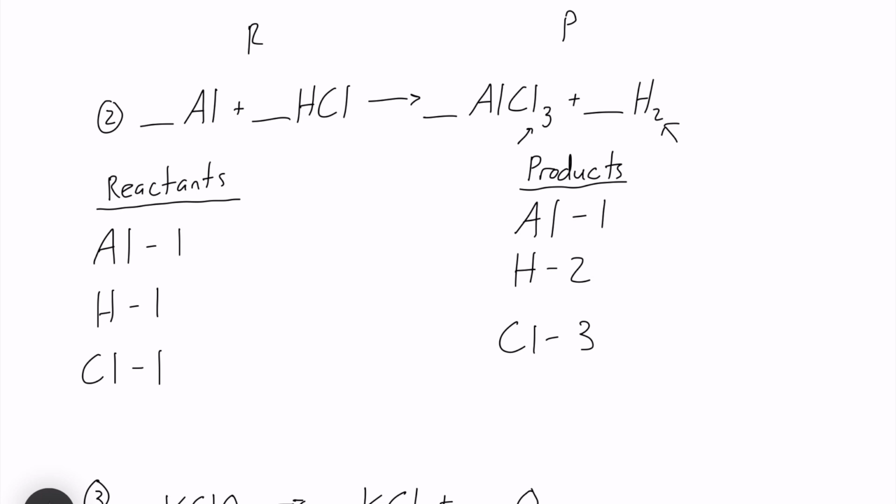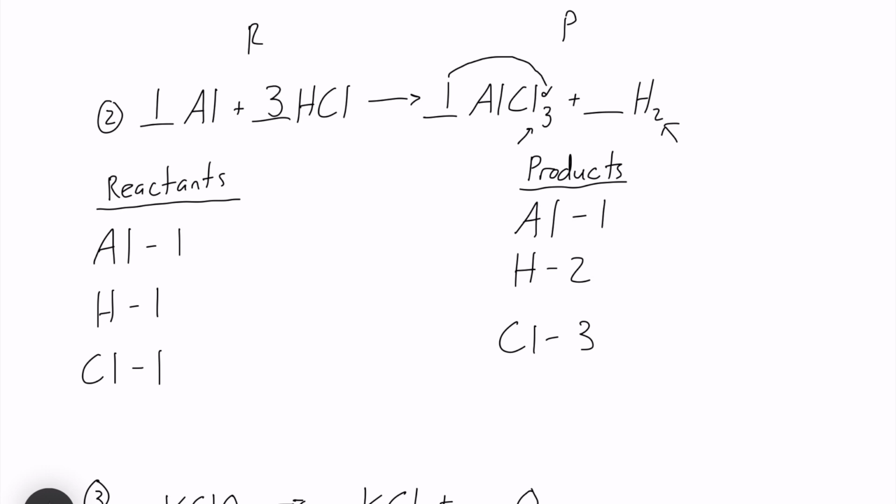So the first thing I would do is, I'm just going to try a 1 in front of aluminum chloride, which means I'll put a 1 in front of aluminum. But because we have 3 chlorine, I'm going to try a 3 in front of hydrochloric acid.